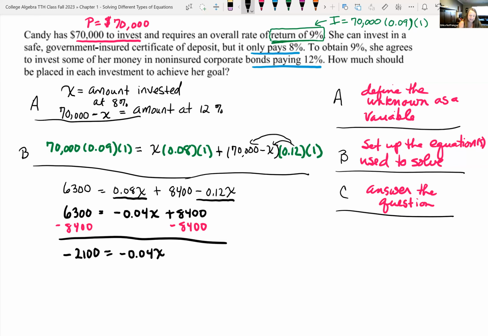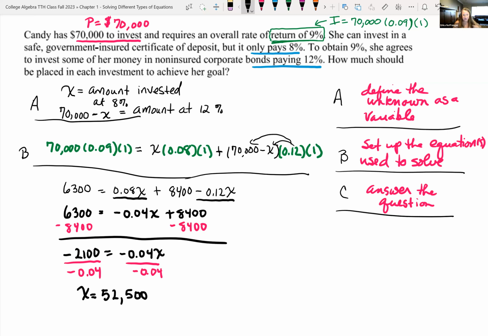So getting x by itself, we can divide by the coefficient in front of x, which is negative 0.04. So negative divided by a negative is a positive. And so when we do this, we get x is equal to 52,500. So go back and look at your question.